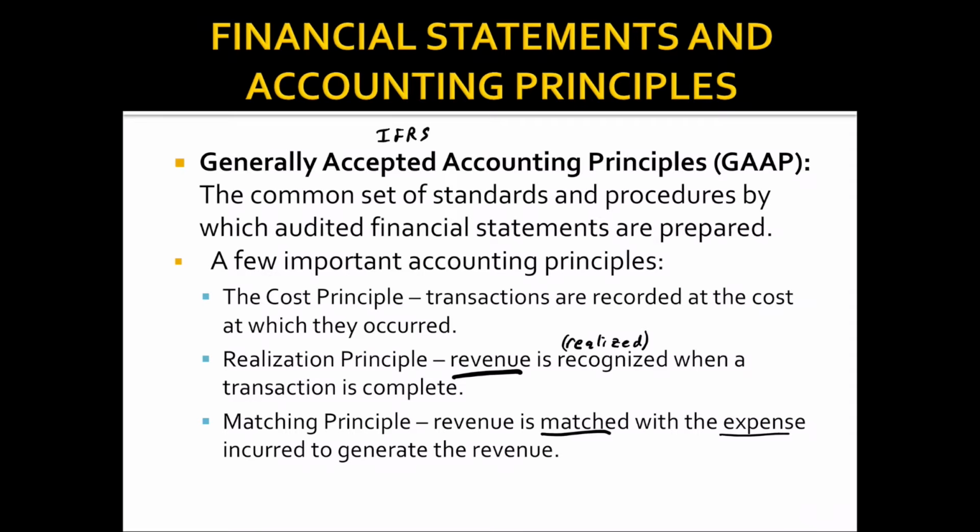For example, let's say you sell a product on credit, so you have a value on your accounts receivable, and then the expense for making that product is going to be recognized at the same time, even though the cash flows were not actually received. So what's important about the matching principle is that it does not correlate with actual cash flows, and that is something that was mentioned in Chapter 1. It's all about cash flows. It's something that we must keep in mind as we are looking at these financial statements.